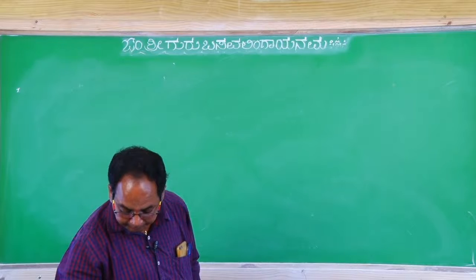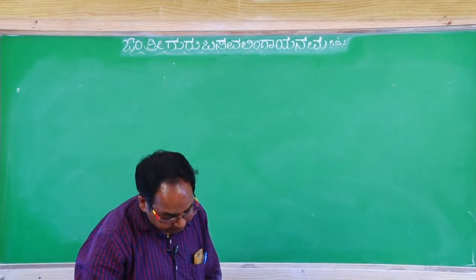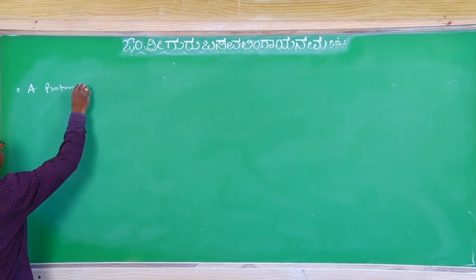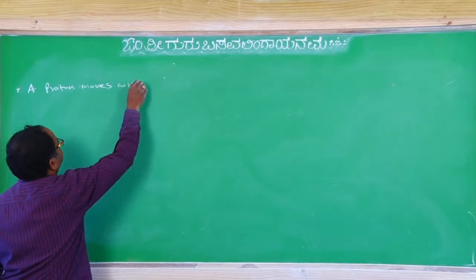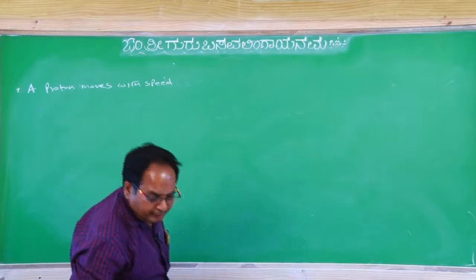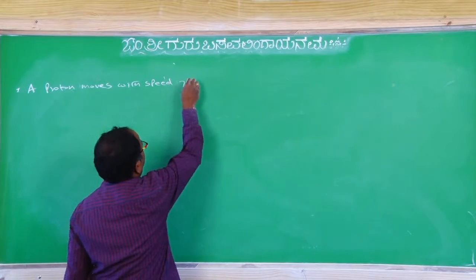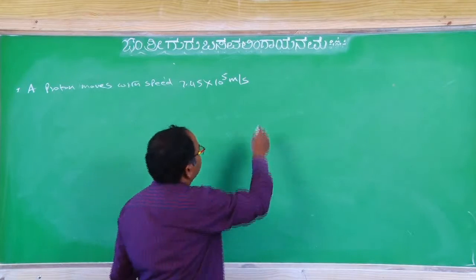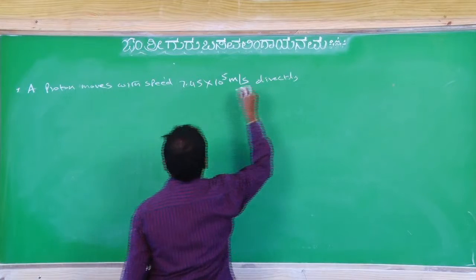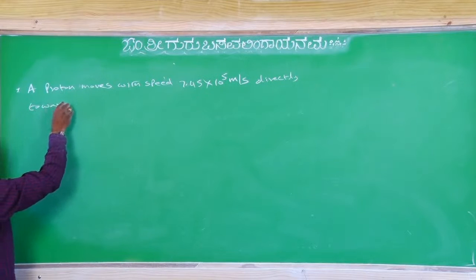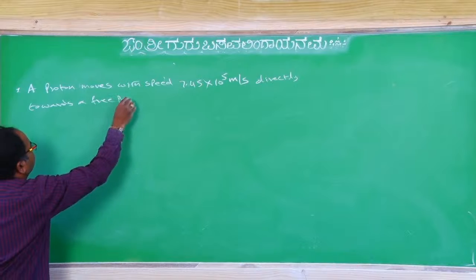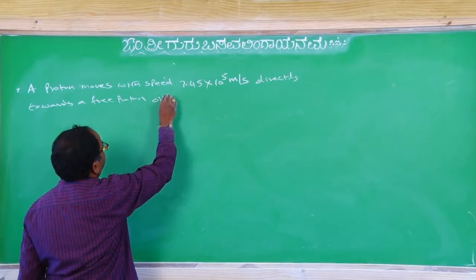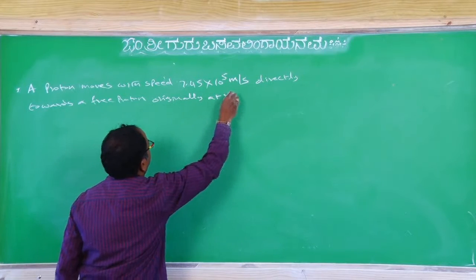Next, another one. A proton moves with speed 7.45 into 10 to the power of 5 meter per second directly towards a free proton, originally at rest.